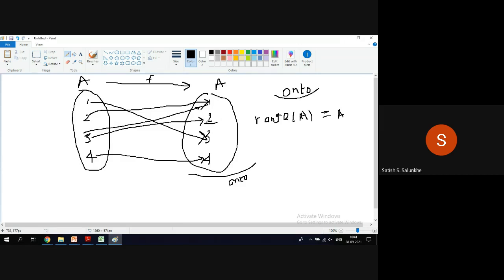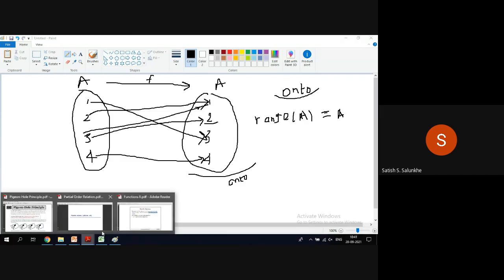So what does this theorem say? That if you have a function from domain to codomain where the domain and codomain are both the same, and you say it is a function and one of the properties given to you is that it is an onto function, it has to be one to one.